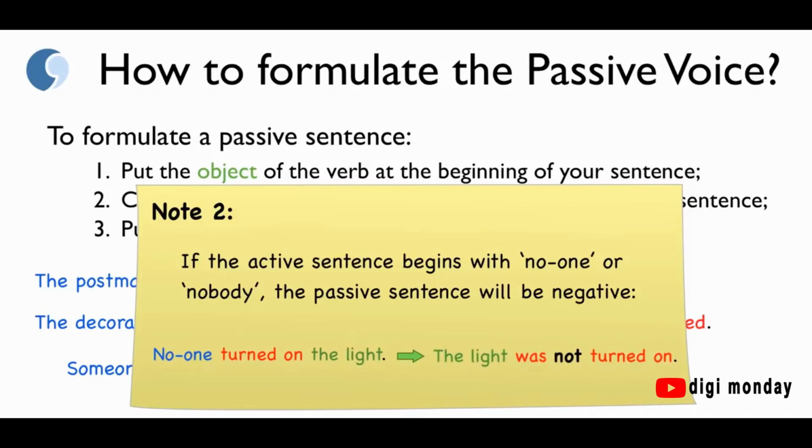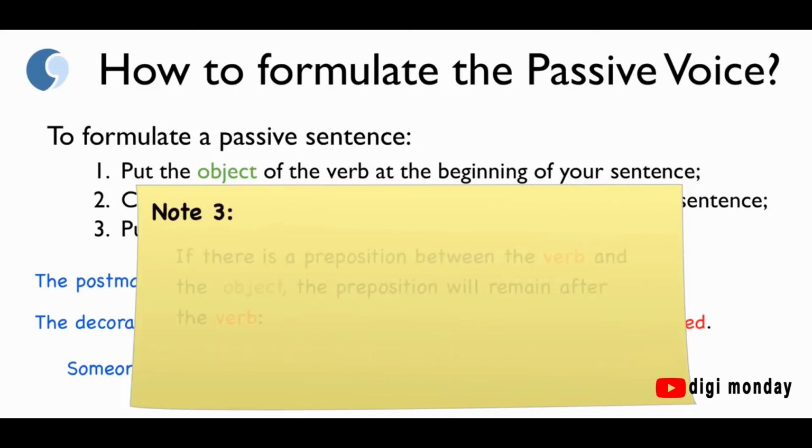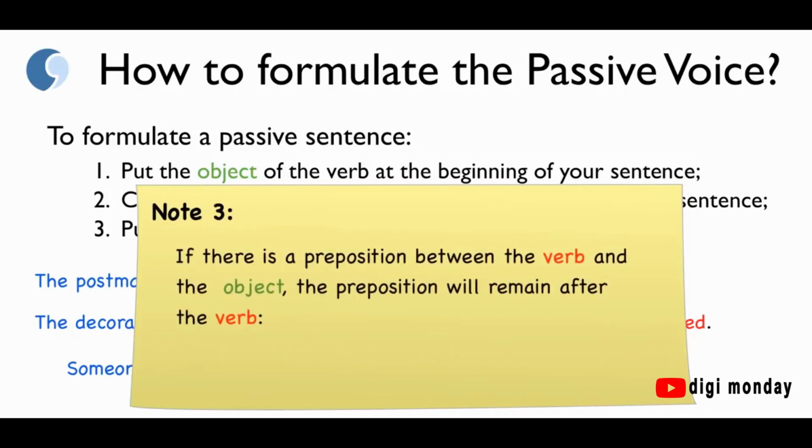The light was not turned on. The final note: if there is a preposition between the verb and the object, the preposition will remain after the verb. For example, they talked about the issue. The issue was talked about.